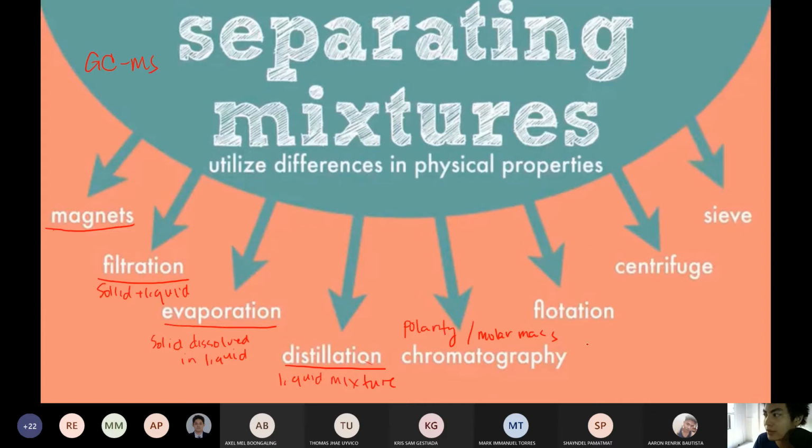For flotation process, ito yung ginagamit when you have tiny solids in liquid. When filtration fails, you have to do flotation process. So, saan ginagawa yung flotation? Are you familiar with microplastic research? I hope you are.